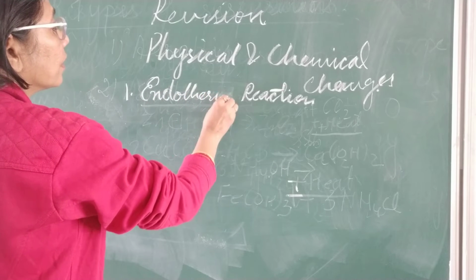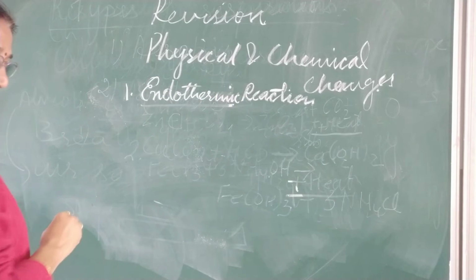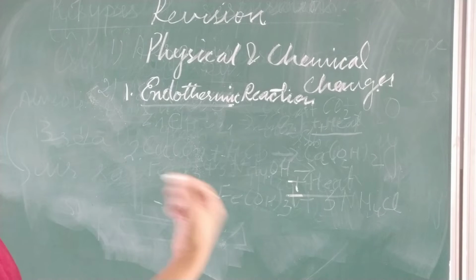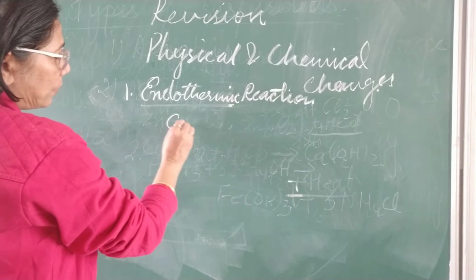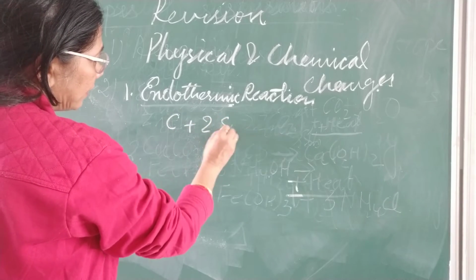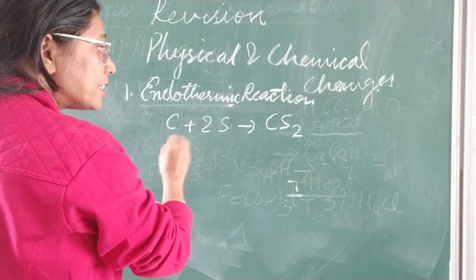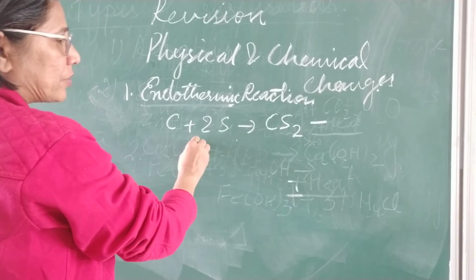In an endothermic reaction, we write minus heat, like when carbon reacts with sulfur, it gives carbon disulfide, and this reaction takes place only when we heat the mixture.